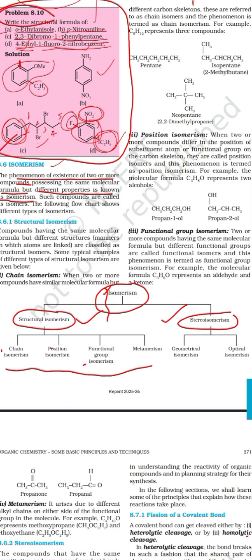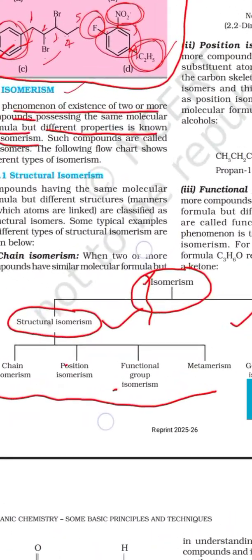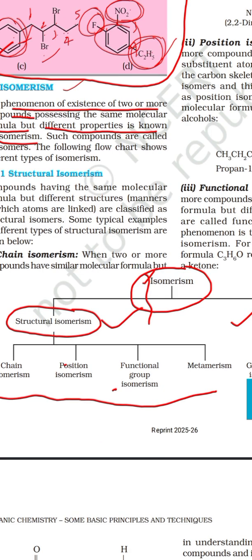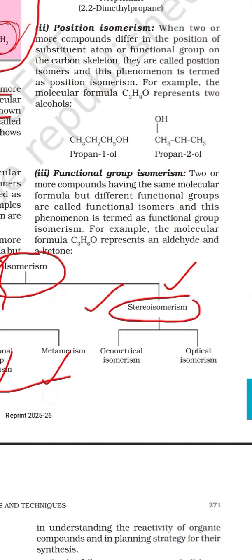We will discuss that in detail when we come to stereoisomerism. Structural isomerism is again of four types: chain isomerism, position isomerism, functional group isomerism, and metamerism. Stereo isomerism is of two types: geometrical isomerism and optical isomerism. These two we will discuss when we come to that particular topic.